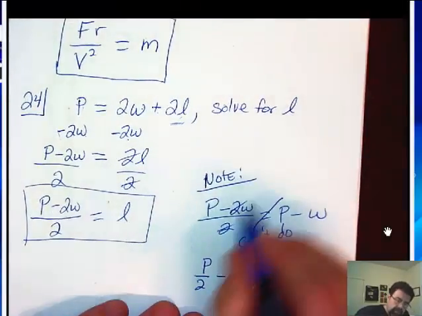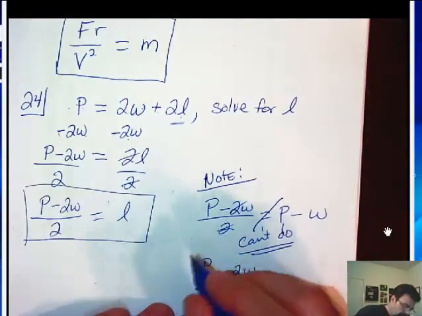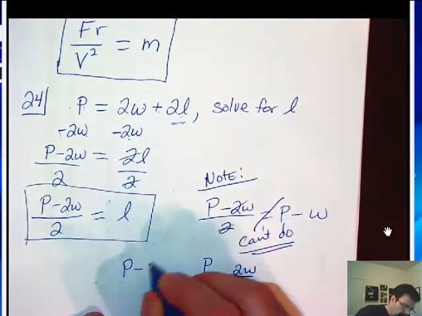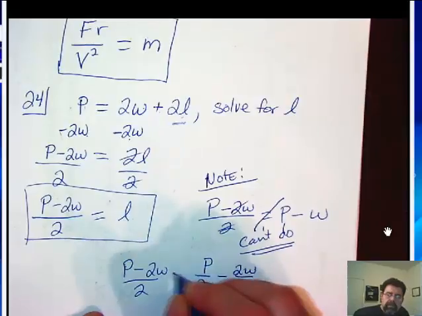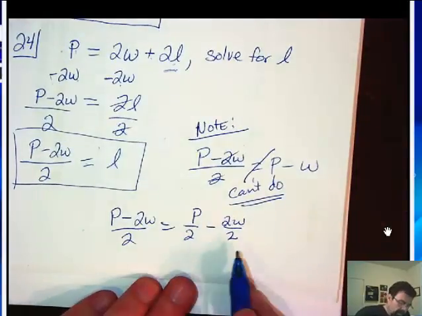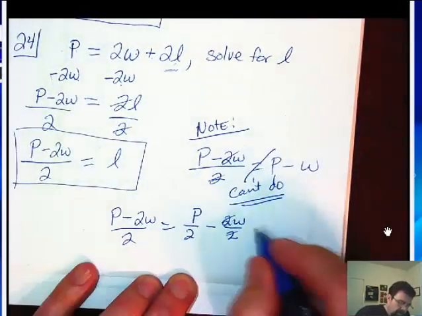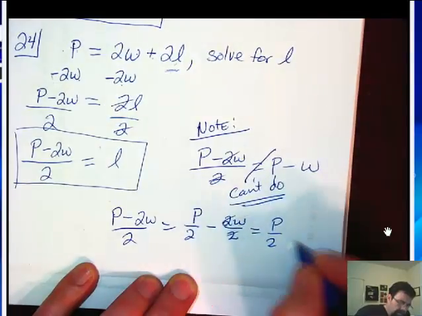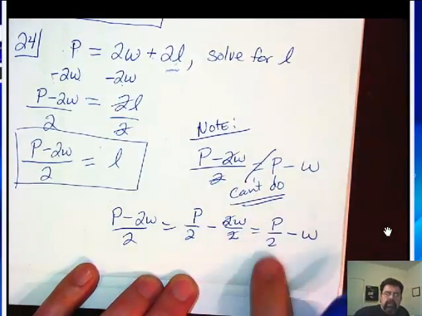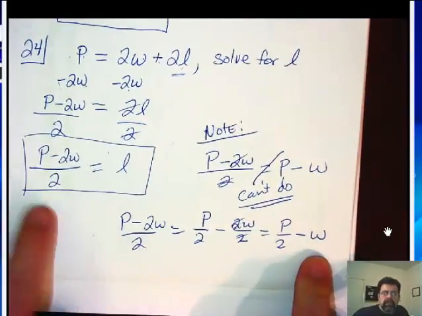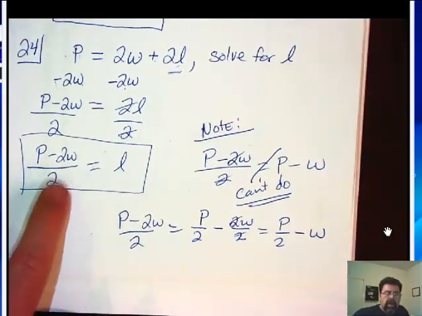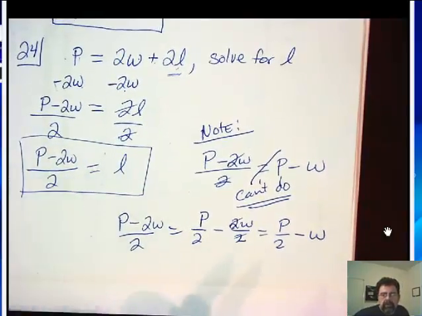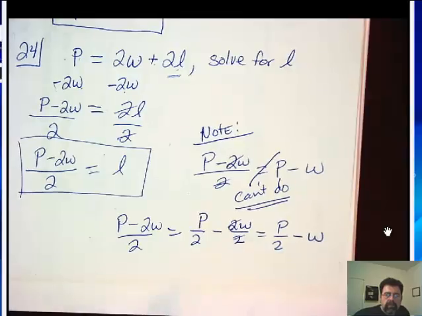So this, and I can split it up into 2 fractions, and then I can cancel the 2 here. So this answer is equivalent to this answer. This one, the one that I have in the box, is preferred though. Okay, but this one would be acceptable.